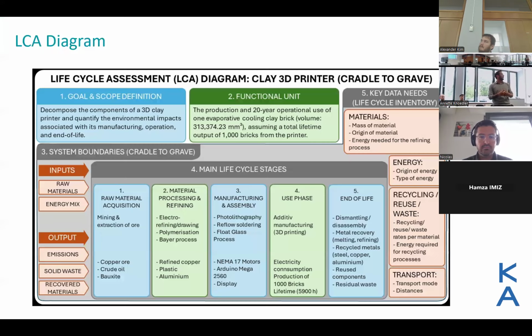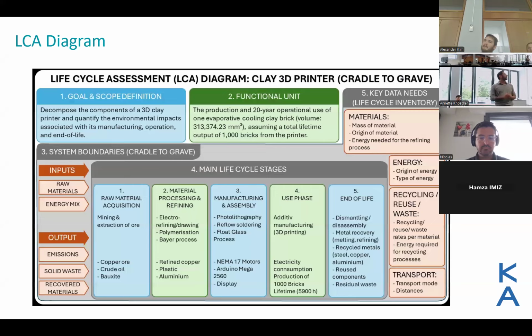Next slide, please. Well, now getting deep into the LCA diagram, we start to retrieve information about the raw material acquisition, the mining, and the extraction of ore.